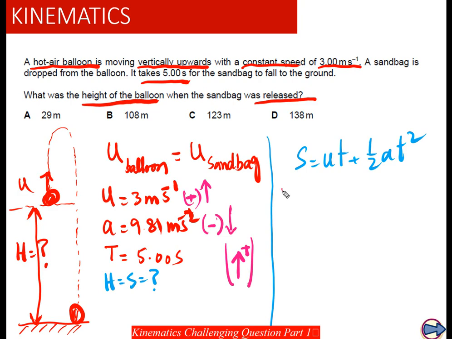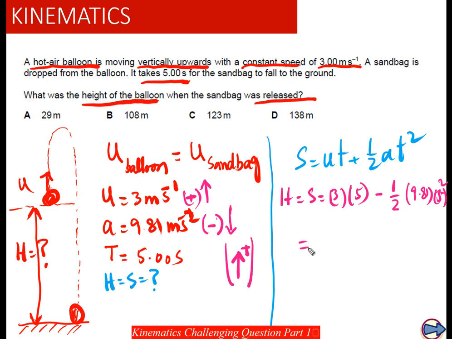So I can write down, this is h and this is equal to s. The u in this case is positive, so this is 3, and the total time taken is 5. So plus, or I can simply write minus, because a is equal to minus 9.81, so here we have 9.81 and 5 squared, the time squared.